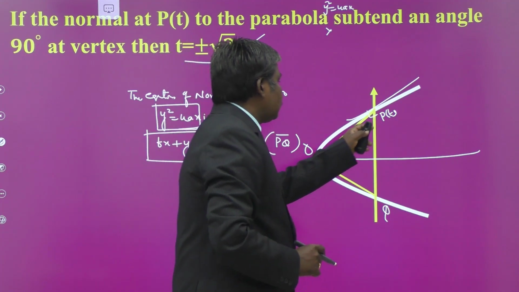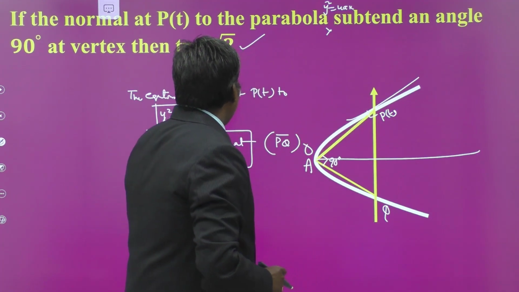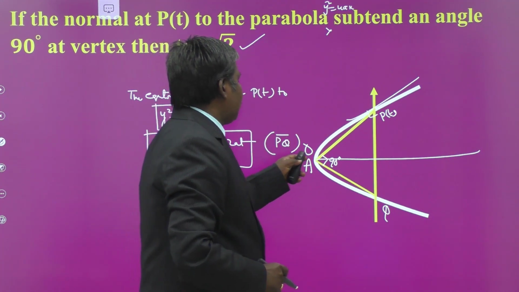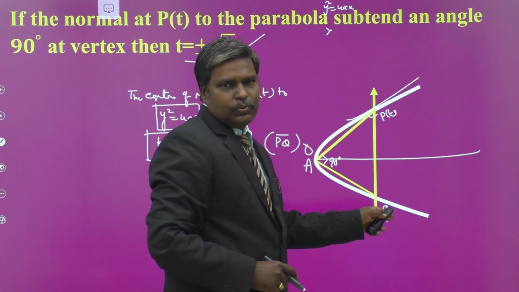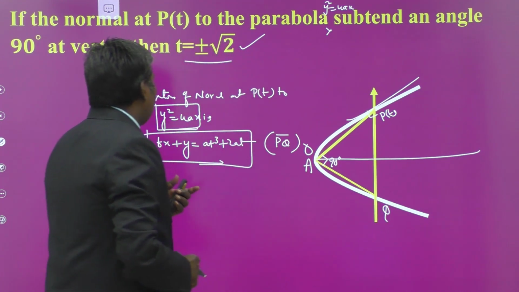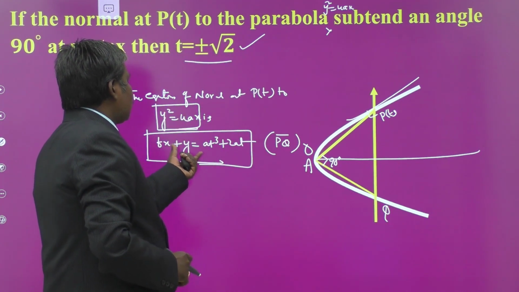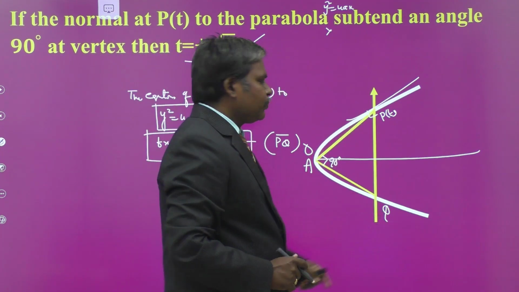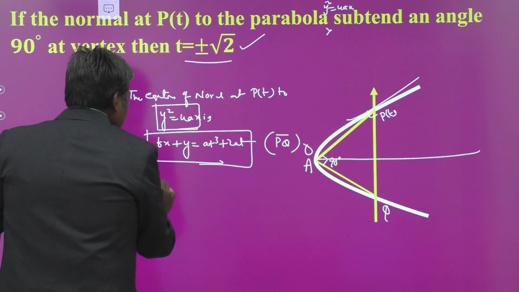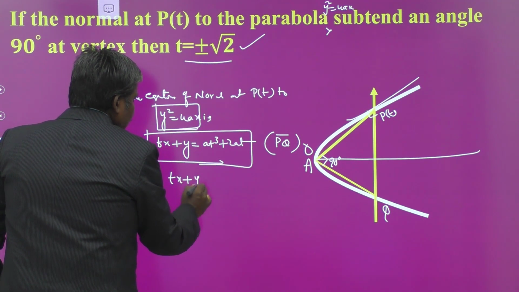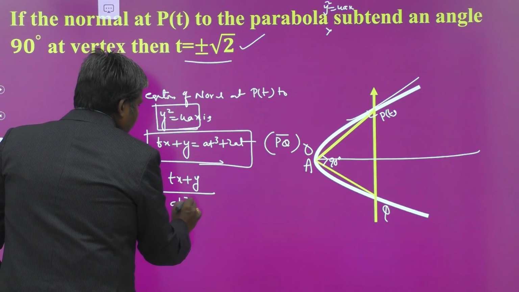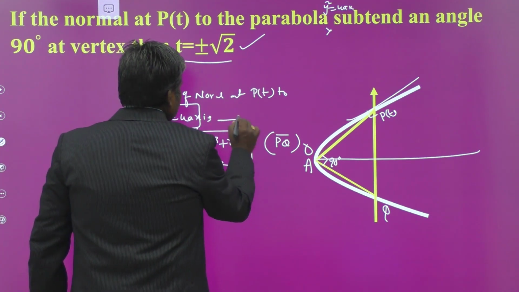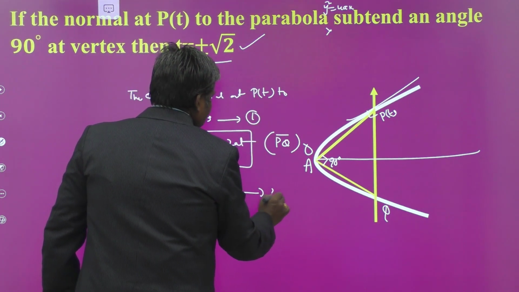By homogenizing the curve with respect to this line, we obtain the pair of lines OP and OQ. So this can be written as (tx plus y) by (2at plus at cube) is equals to 1. So this is the equation 1, this is the equation number 2.